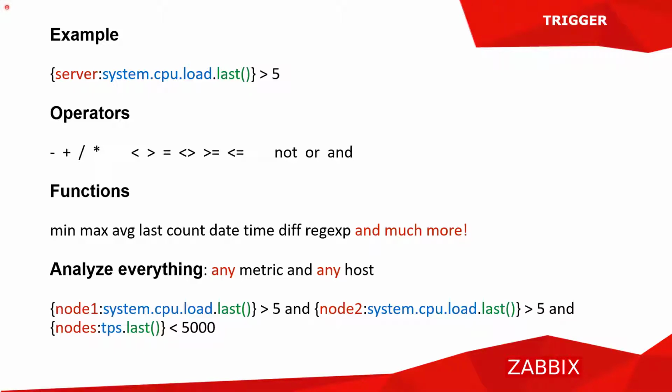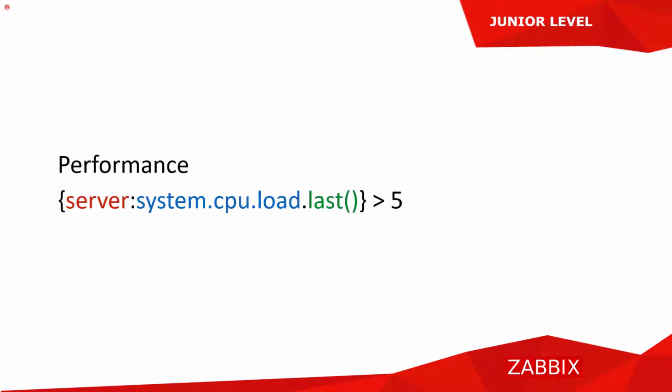Let's say, for example, if the system CPU load on node 1 was more than 5, and on node 2 the last received value was also above 5, and on both nodes the last TPS received is below 5,000, then the trigger should fire. And even more conditions are possible in the trigger itself.